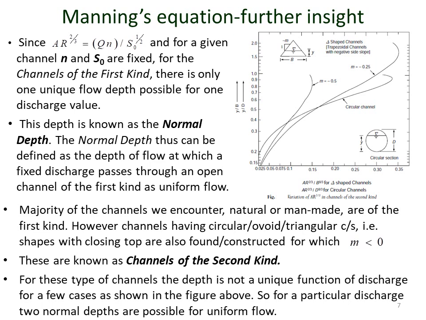I'll repeat that once more: for the channels of second kind, for a particular value of discharge, more than one value, two values of flow depth are possible, which can flow as uniform flow. So this is one very important result for the channels of second kind.